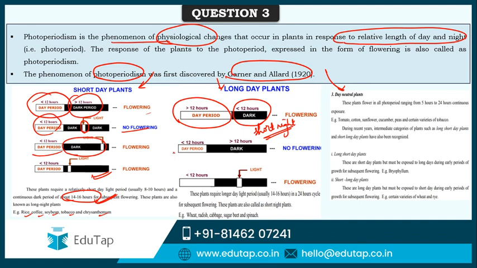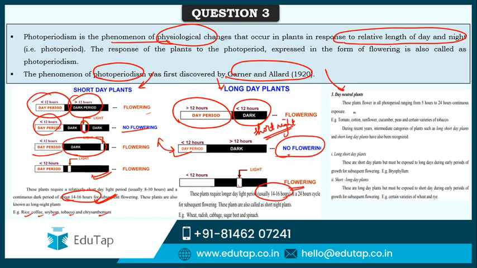If it's short day timing, then it would not flower. Even if there is some light in between the dark phase, it can flower, but at least it requires 14 to 16 hours of dark period for its flowering.